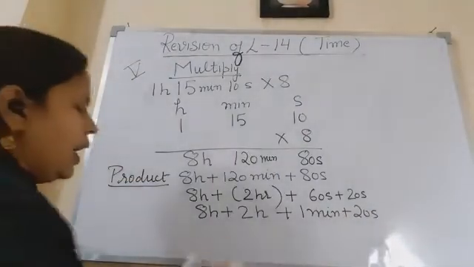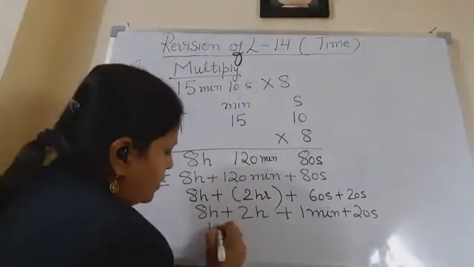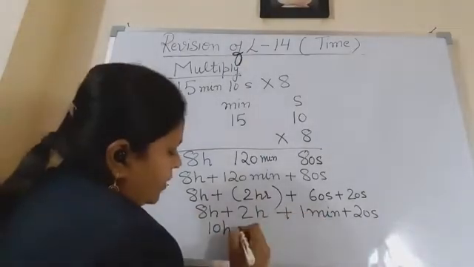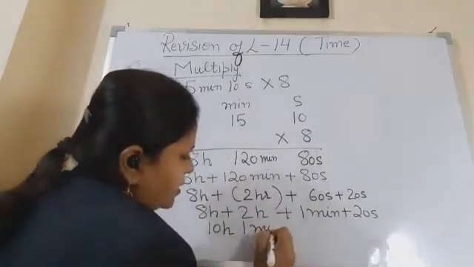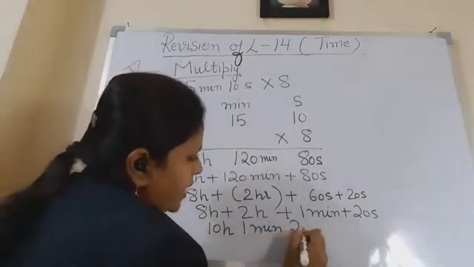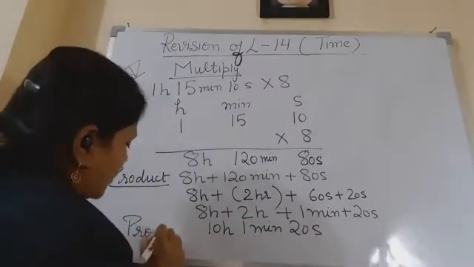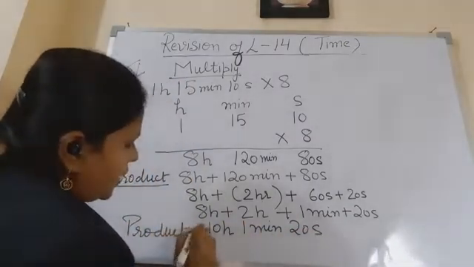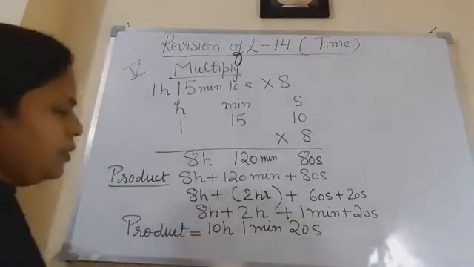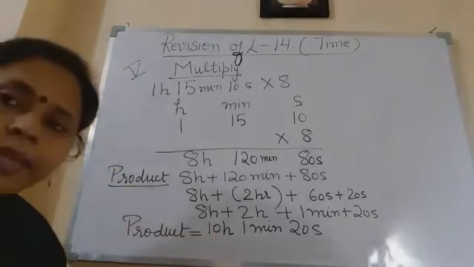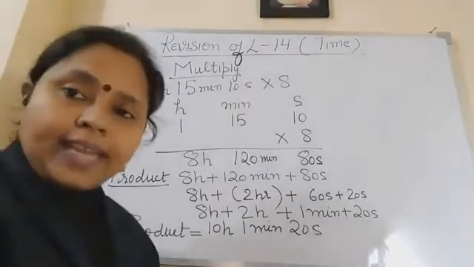So now 8 plus 2 hour is equal to 10 hour, 1 minute and 20 seconds. So our product, or our answer, is equal to 10 hour, 1 minute, 20 seconds.